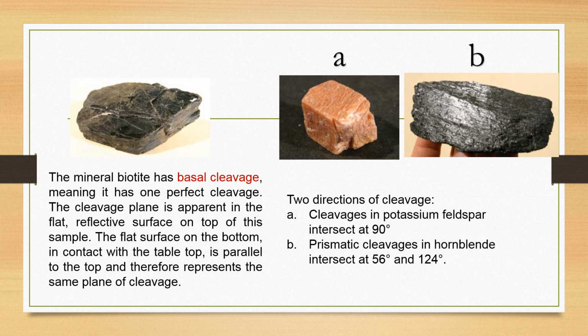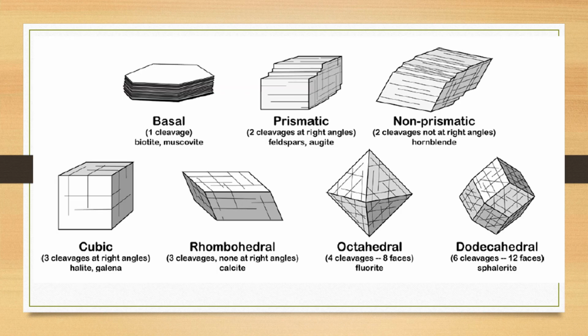So we have two cleavage planes, and you can have more than this. Here you can see different examples of different kinds of cleavage planes. You have basal, one cleavage; prismatic, two cleavage planes; and then cubic, rhombohedral, octahedral, and dodecahedral.